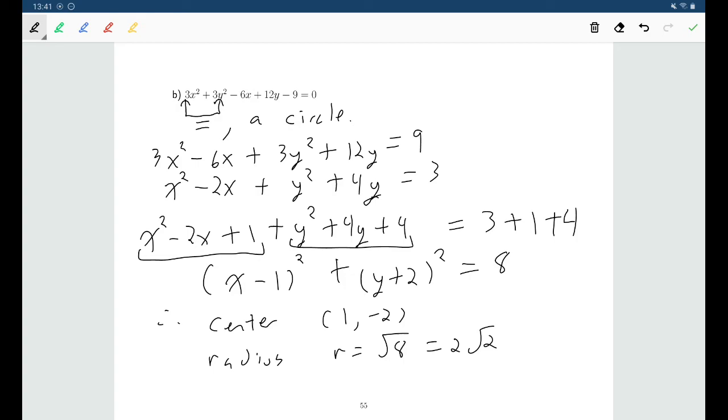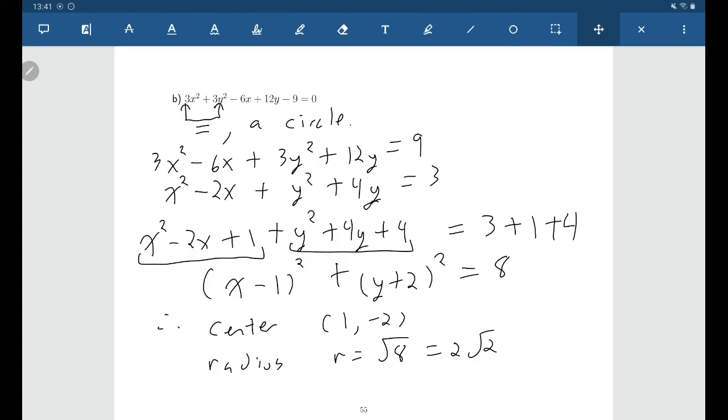I will, in my mind, think about how 2 root of 2 is close to 3, so that I know roughly where to put my points, but when it comes to the labeling, I'll be labeling them not with any sort of a decimal value, but I'll be labeling them with 2 root of 2's. So we'll start off with plotting our center, and then we'll plot our 4 points, and then we'll draw our circle.